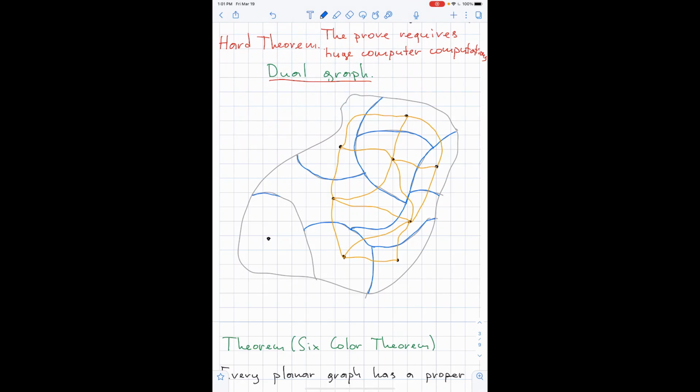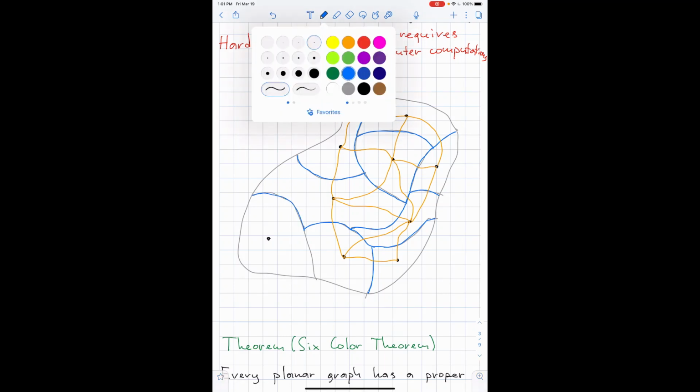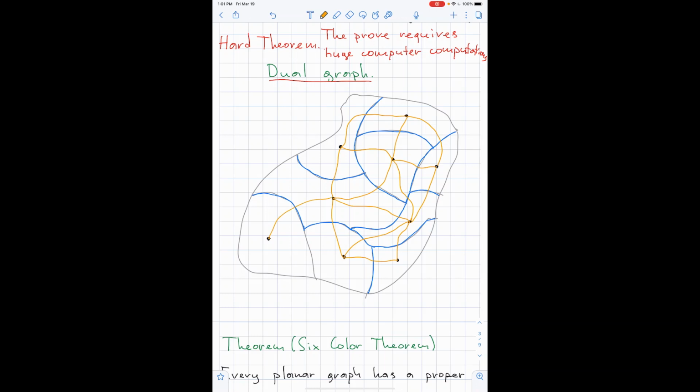Here, this one, and that one. So that way we get this graph, which is called the dual graph, the graph dual to the map we started from.